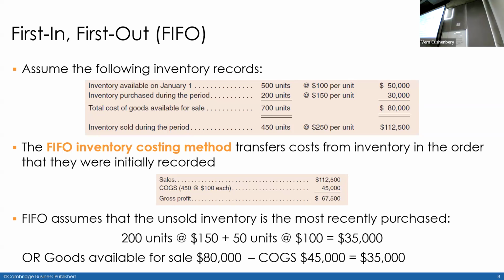So we capture 450 units at $100 per unit, and that makes our cost of goods sold line $45,000. And you can see how that affects our gross profit. Gross profit is ultimately going to affect operating profit, earnings before interest and taxes, going to affect taxes, and ultimately net income. So that all flows through. This one calculation, cost of goods sold, fundamentally changes the whole face of the income statement.